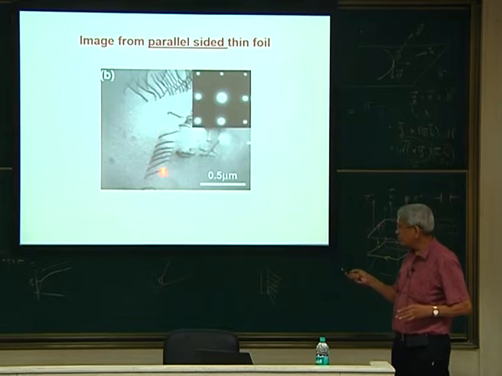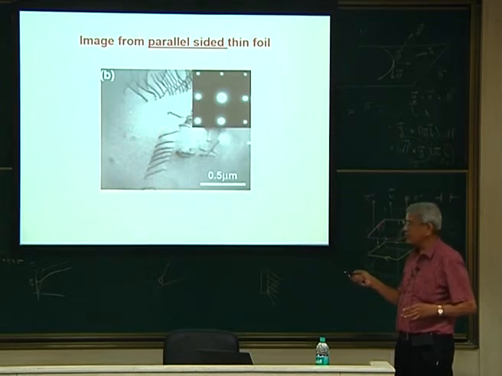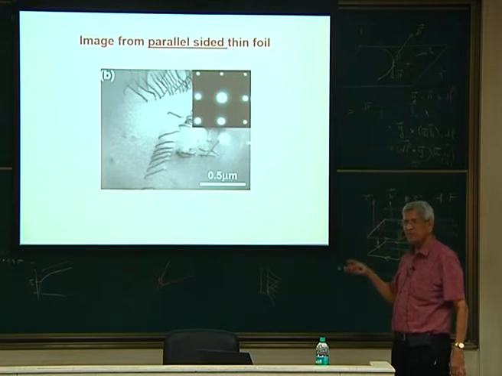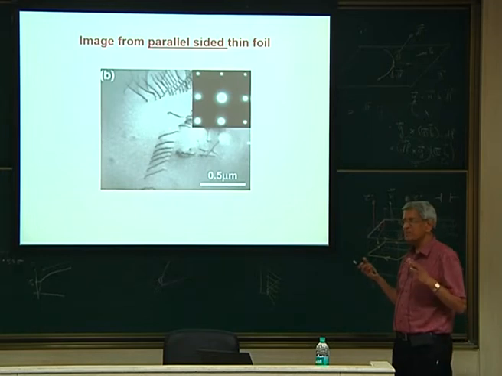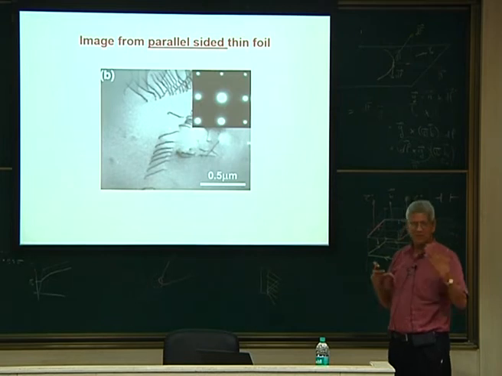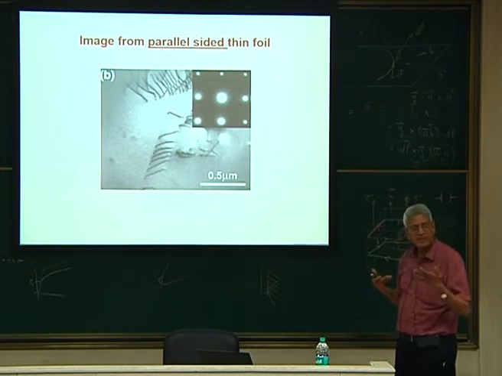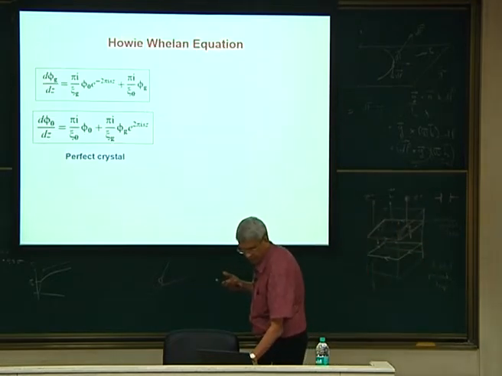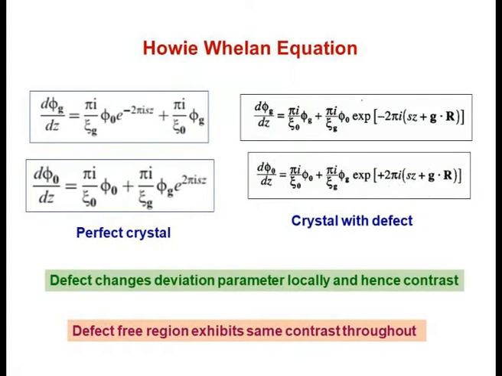The region which does not show any contrast has no defects, but in the case of dislocations or many defects, there are some conditions under which these defects will not be seen. So one should not assume that the defects are not present. That is why it has to be imaged under various diffraction conditions. Okay. This I will come to shortly.